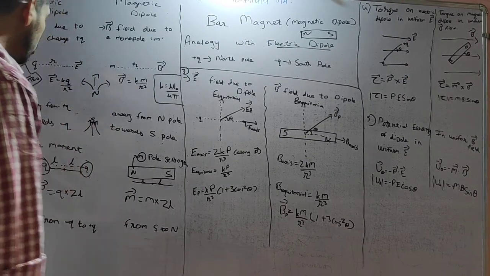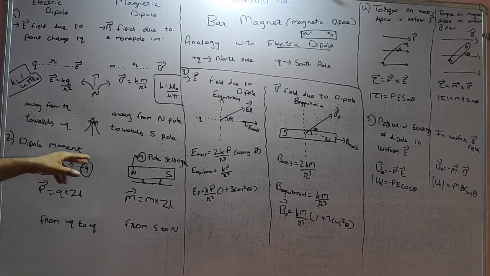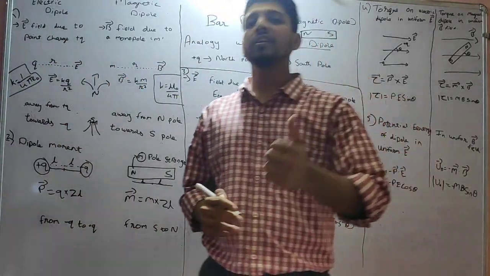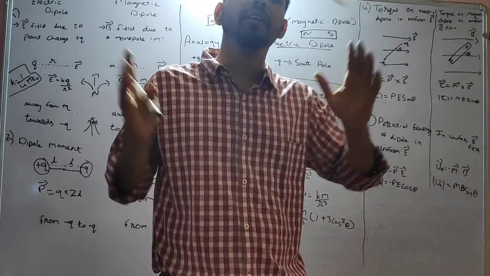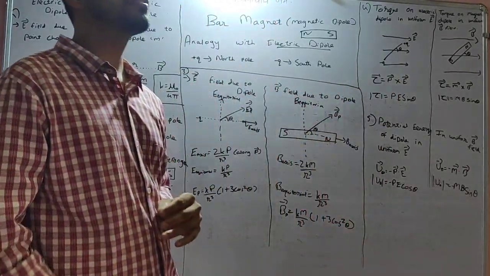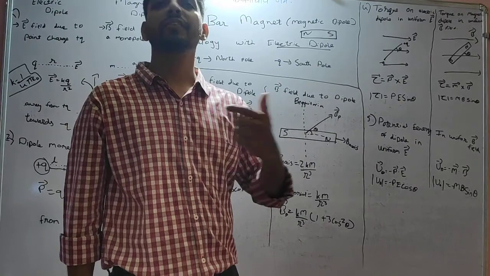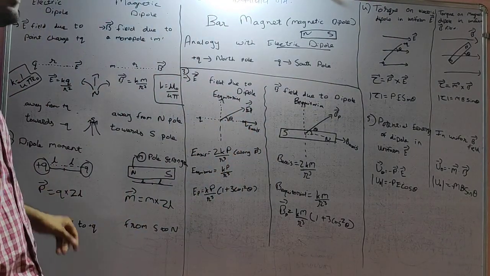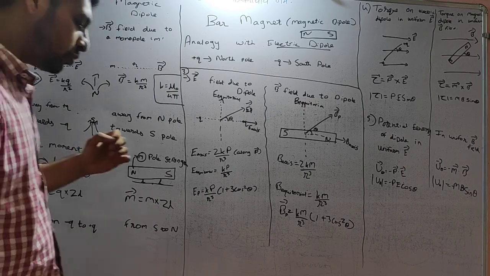Now we'll move towards the second point, the dipole moment. You all know the dipole moment of an electric dipole, and the requirement: a positive and negative charge separated by a small distance. Just revise the formula very fast. It is P equals Q into 2L.